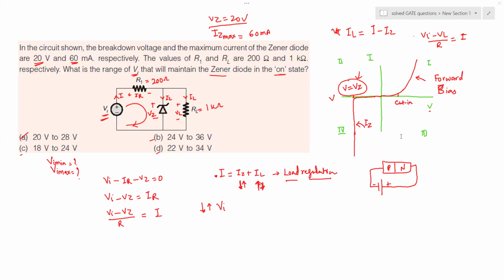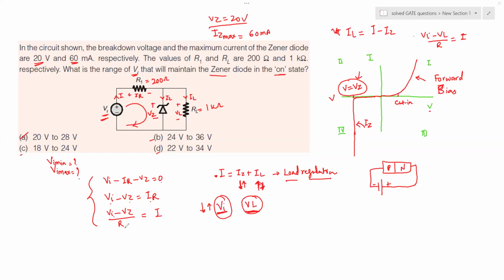Right now we want to investigate the line regulation. We are talking about when there are changes in the VI. We want to ensure that the Zener diode will act in such a way that when there are variations in the VI, the voltage across the load will remain constant. Here we have written this equation, VI minus IR minus VZ equal to 0. VI minus VZ therefore is equal to IR.